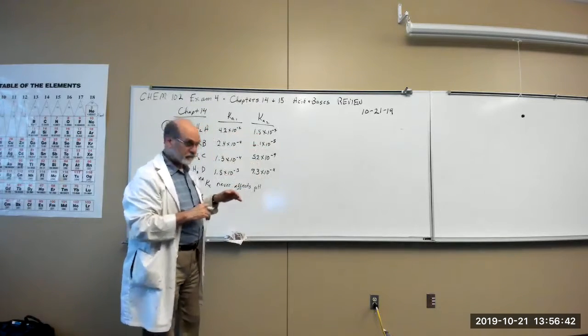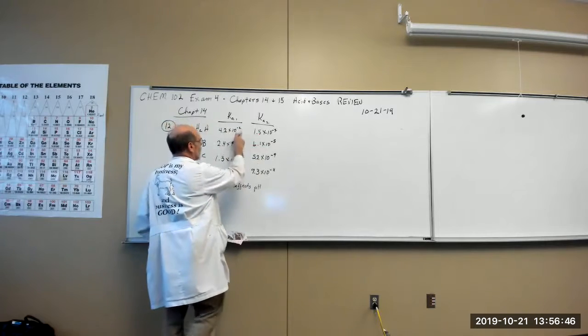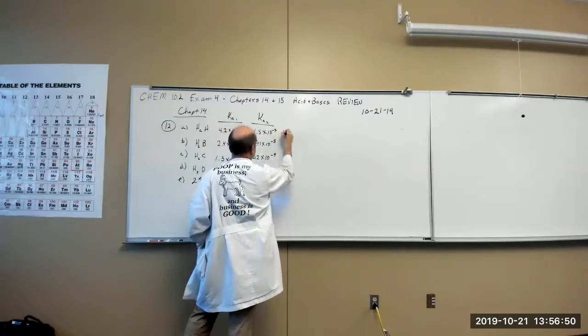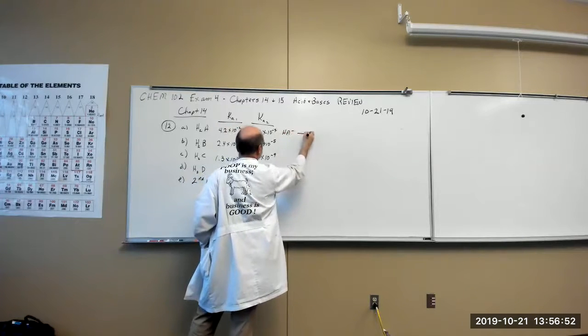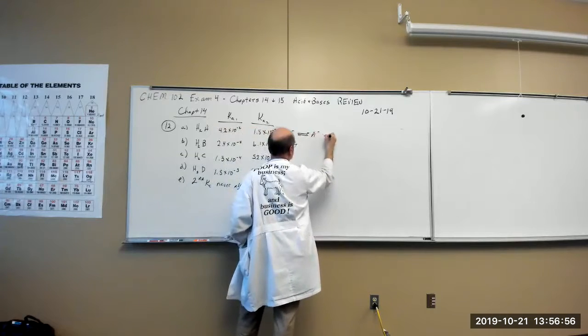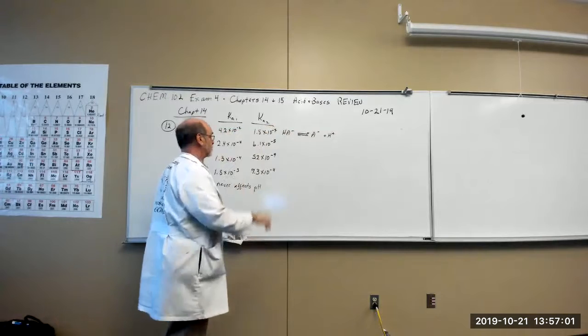Okay. So look at the difference between this K and that K. So this one is going to be HA minus yields A minus plus that one. And that's the second dissociation for that one.